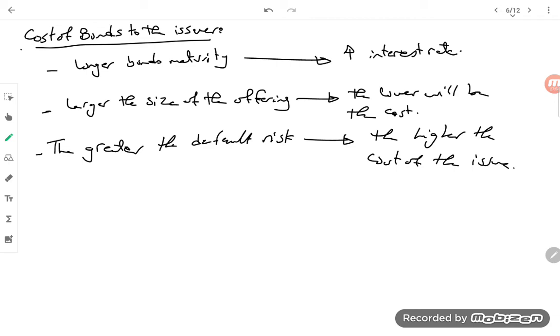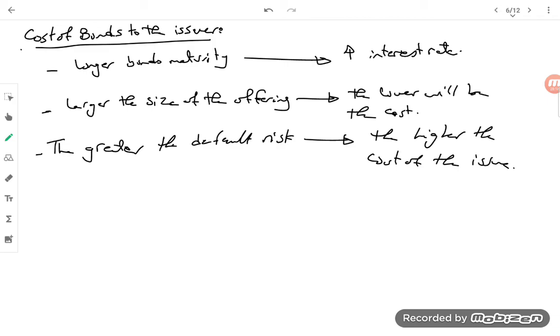And finally, the cost of money in the capital market is the basis for determining a bond's coupon interest rate. So these are the factors that affect the coupon interest rate, or actually the cost of bonds to the issuer. Number one, maturity. The higher the maturity, the higher the interest rate. Number two, the size of the offering. The larger the offering, the lower the cost will be.